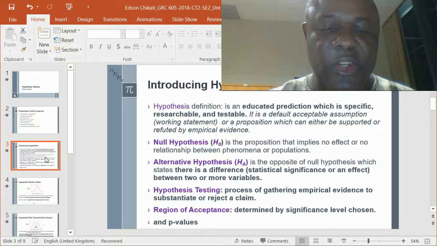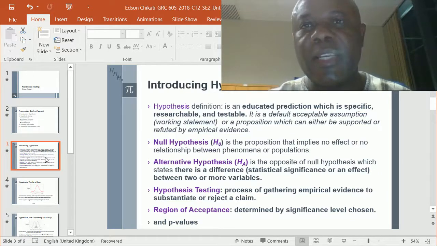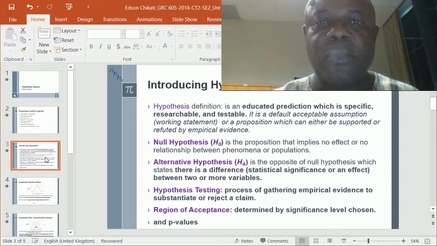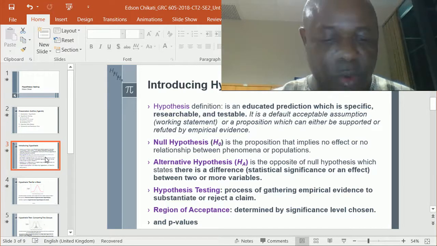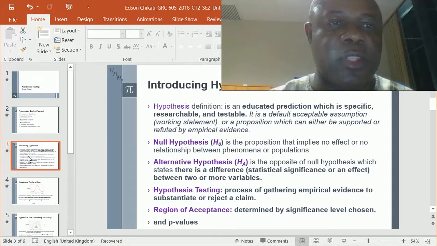The decision, therefore, is reject the null hypothesis in favor of the alternative hypothesis. If, however, the p-value is greater than alpha, this demonstrates weak empirical evidence against the null hypothesis. The decision, therefore, will be fail to reject the null hypothesis, which means we accept the null hypothesis and reject the alternative hypothesis.